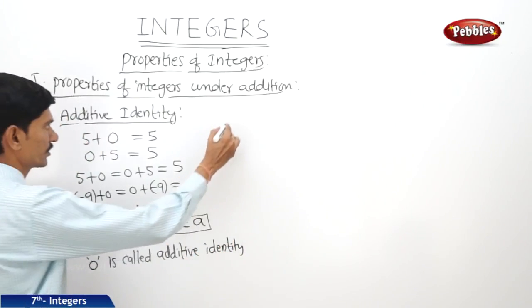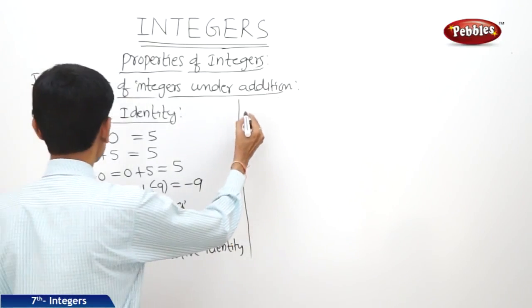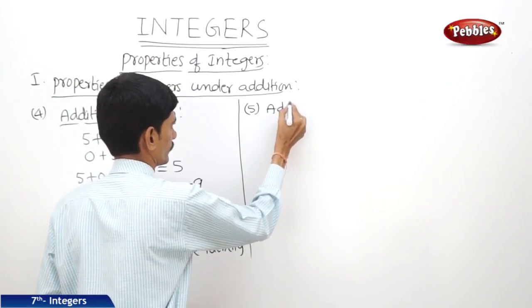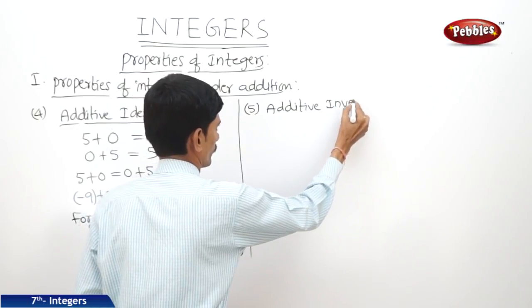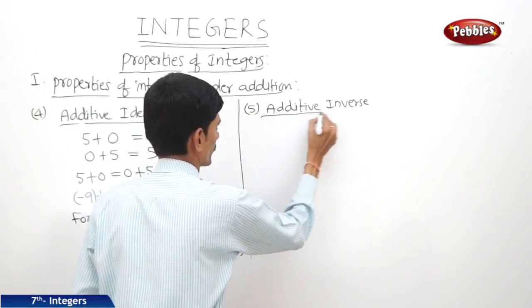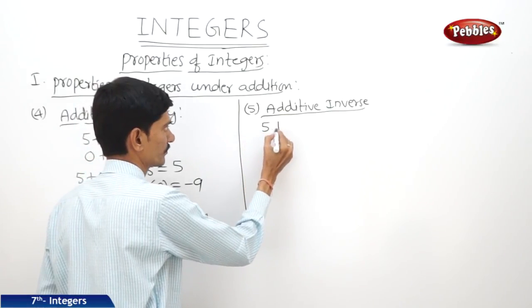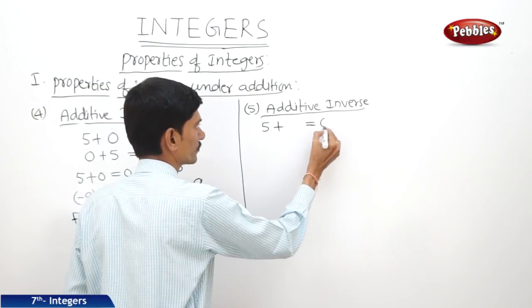Now let us see the next property, that is additive inverse. Now what must be added to 5 to get the sum 0?